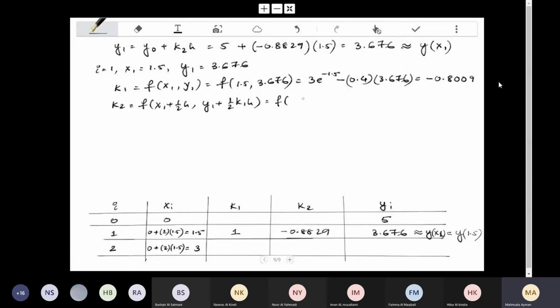So we have the function x1 is 1.5 plus half times h, that's 1.5, comma we have y1, that's 3.676 plus half times k1 value, which is here minus 0.8009 times 1.5, which means the function value at 2.25 comma 3.075.